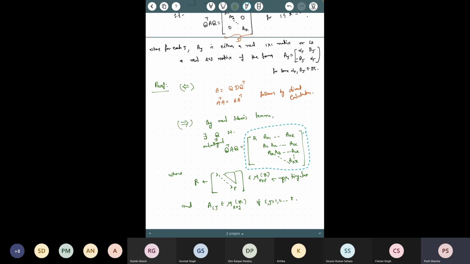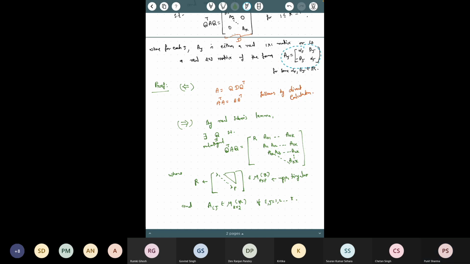That means if I show that all these blocks here are 0, then I'm almost done. Then I can say that there exists a real orthogonal Q such that Q transpose AQ is block diagonal, where the diagonal blocks are either 1 cross 1 or 2 cross 2. The only thing remains to show is that these 2 cross 2 blocks have this particular structure.